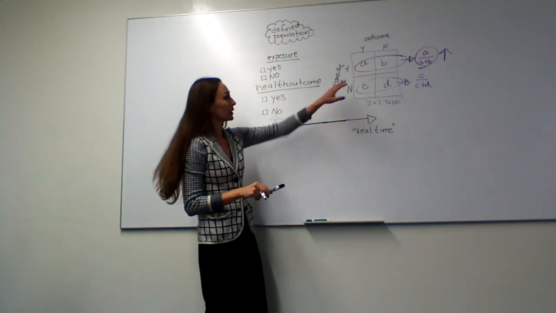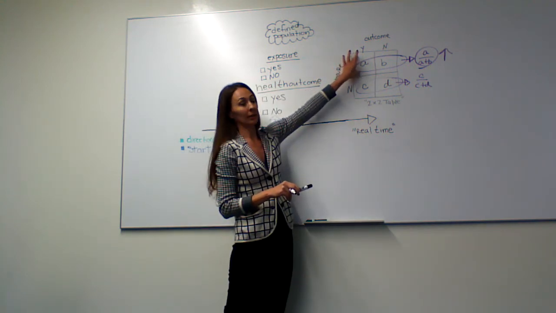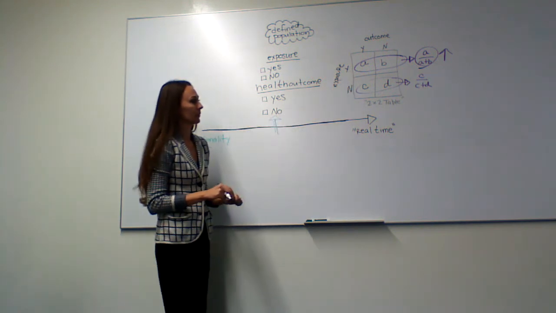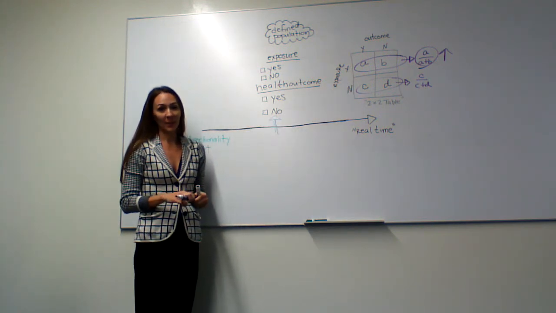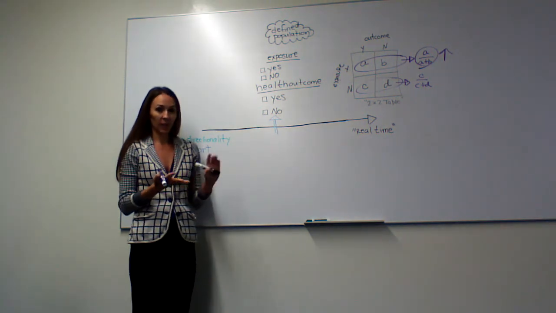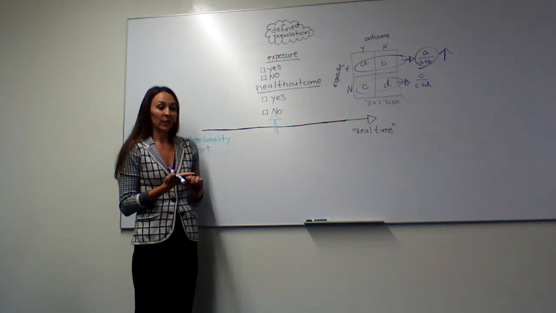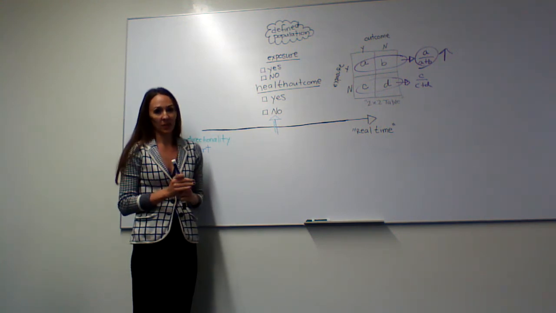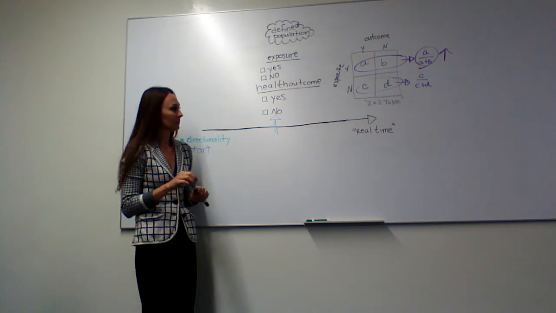So we would expect this proportion to be larger than this proportion. Again, the math of that we'll get into more next quarter, but the idea of prevalence, proportion, ratios, and the different study designs are knowledge that you should obtain this quarter.